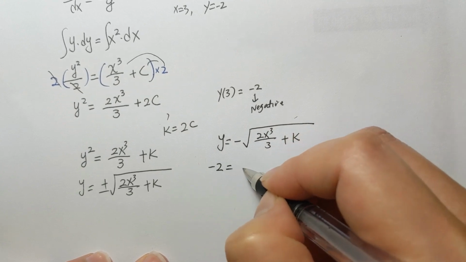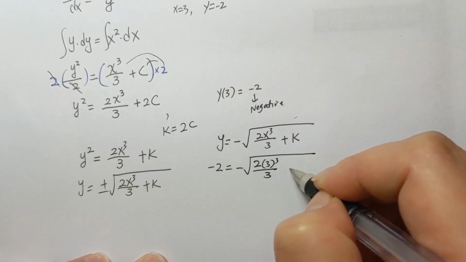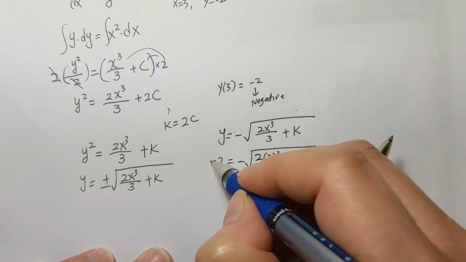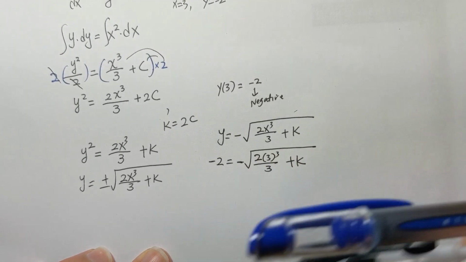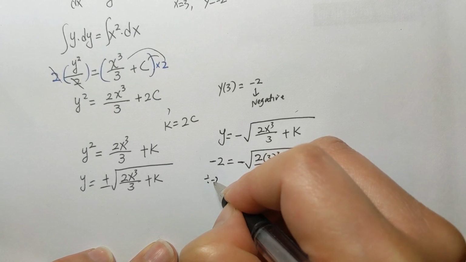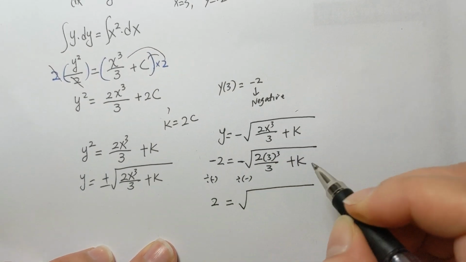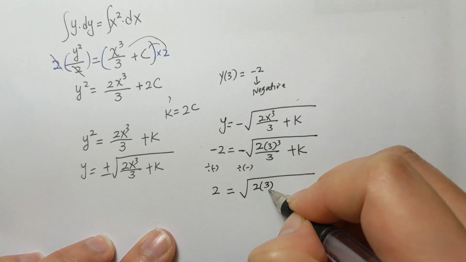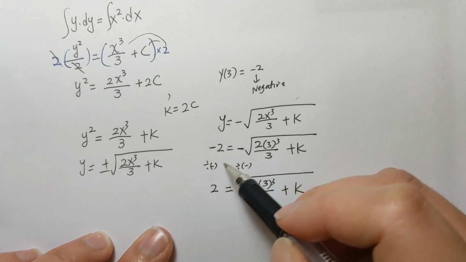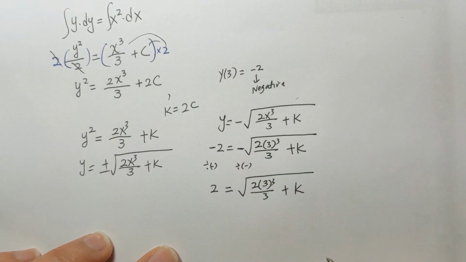So you get -2 equal to negative square root of 2 times 3 cubed over 3 plus k. Because they both are negative, now I'm going to divide both sides by negative. So you get 2 equal positive square root of 2 times 3 cubed over 3 plus k. They both are negative, so you divide by negative from both sides. So now you get positive equal positive.